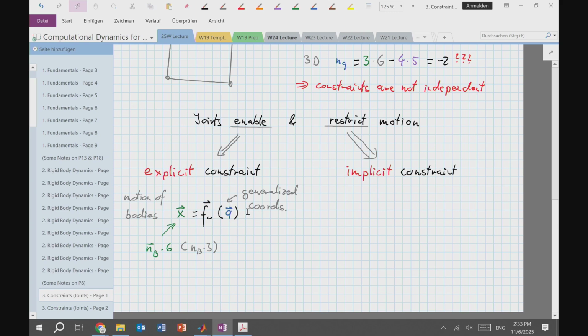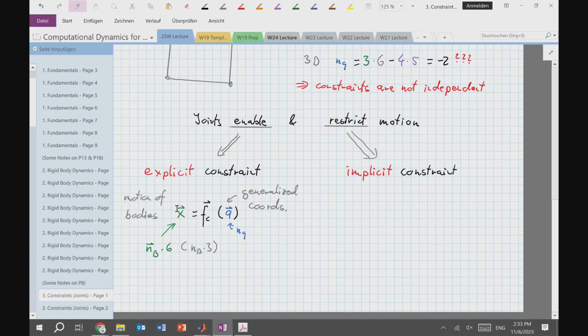And basically what this function fc does, fc, sorry, that looks a lot like a u. fc, constraint, not unconstrained, constraint. It maps somehow these nq degrees of freedom that we have in our motion primitives onto the axis. And this is what I mean with an explicit constraint. I know what the joints are doing, and I'm trying to figure out what the bodies are doing.